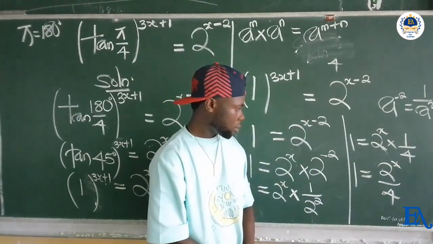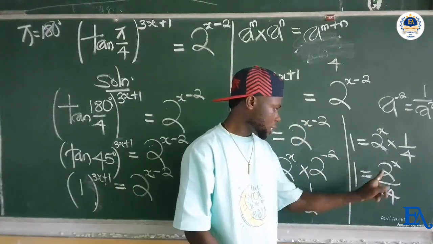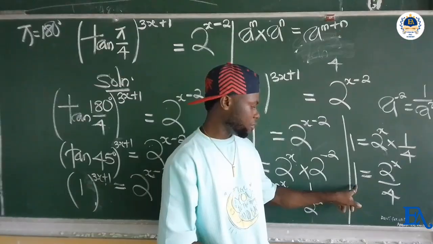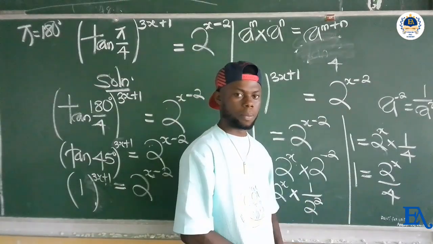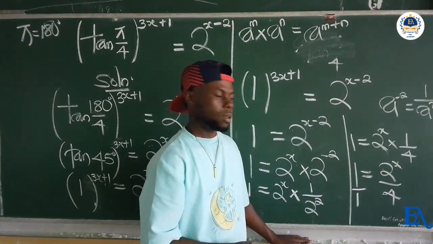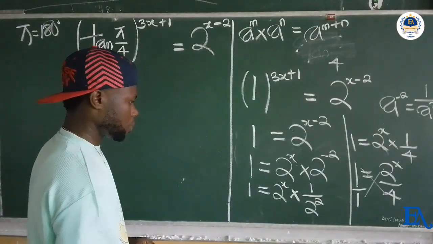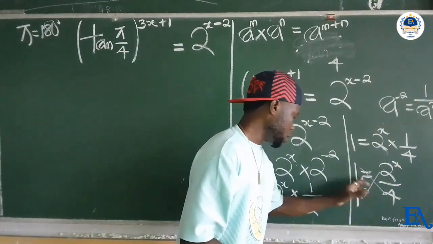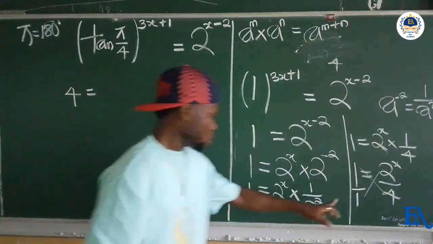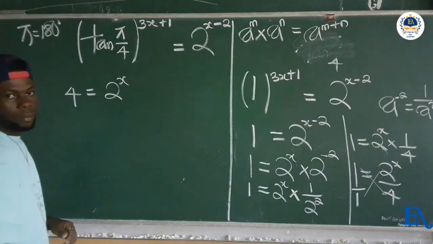We observe that this left side is just 1, and this one is a fraction, numerator and denominator. Let's provide a fraction to this so it will look the same: divided by 1. Now let's cross and multiply. It will be 4 is equal to 1 times 2 raised to the power of x.